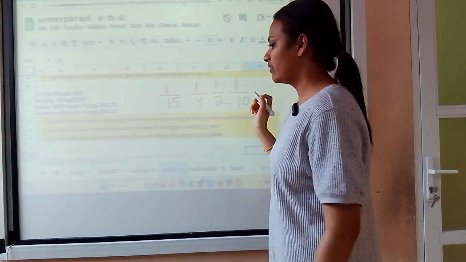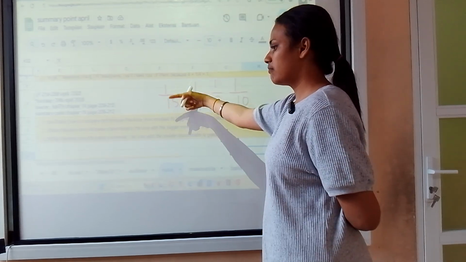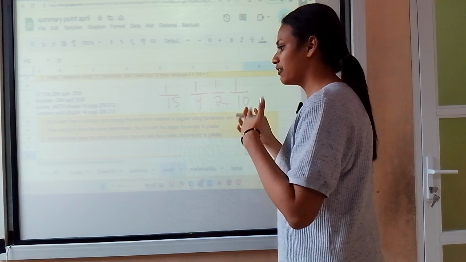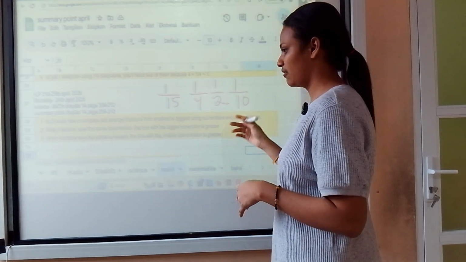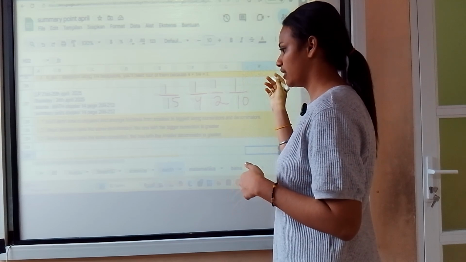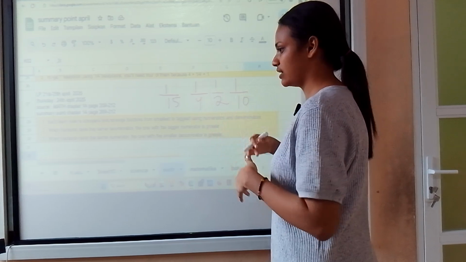Okay, from the denominator, Miss, if the bottom amount is largest, the smaller the value will be, Miss. If the denominator is the largest number, the value will be less.